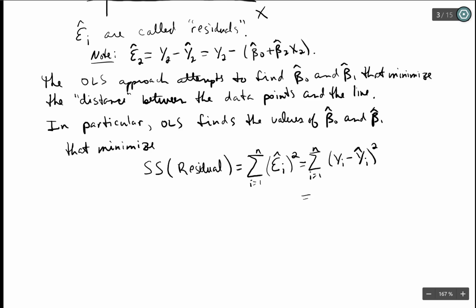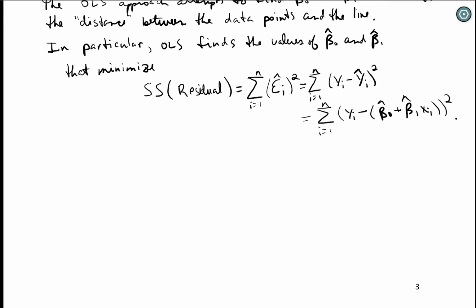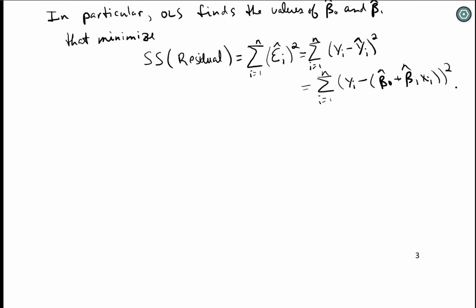You can rewrite this even further as the sum of yi minus beta naught hat plus beta 1 hat xi, squared.